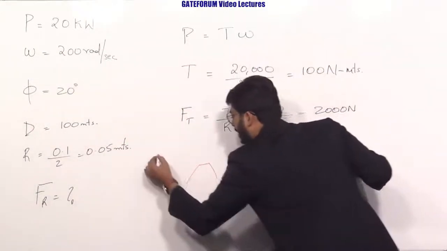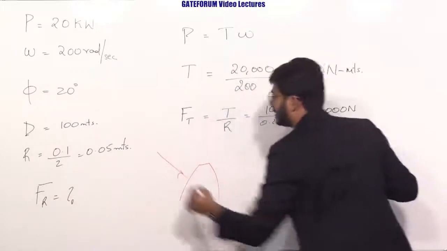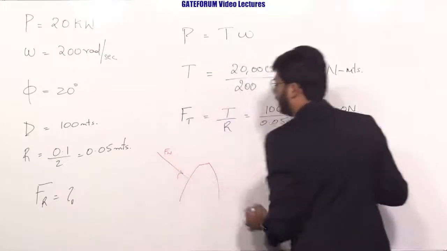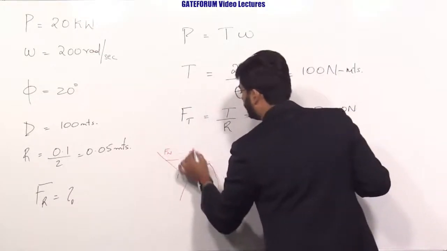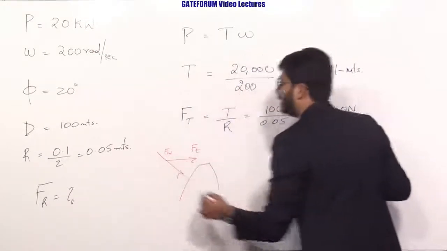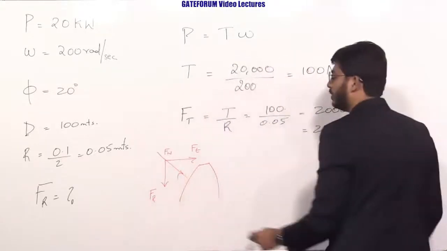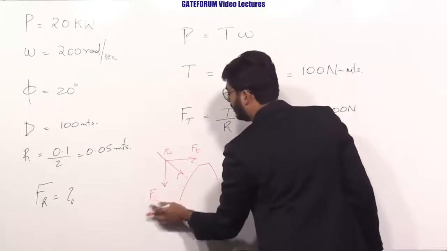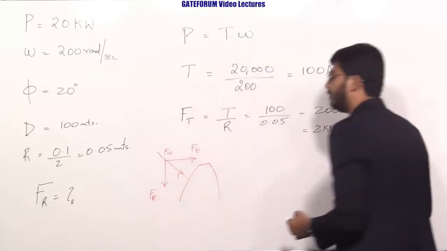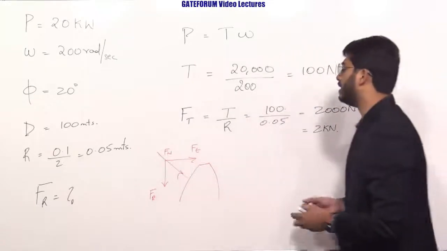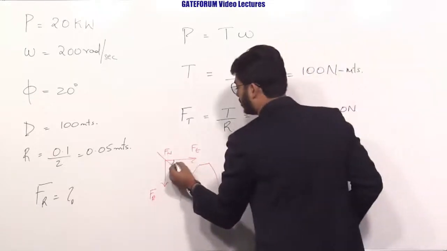Now on a gear tooth, there will be a set of forces. There will be a normal force, say Fn, and there will be a tangential component of this force Ft, and a radial component of this force Fr. The pressure angle will be the angle subtended between the normal force and the tangential force.